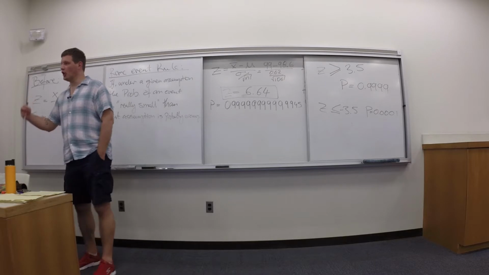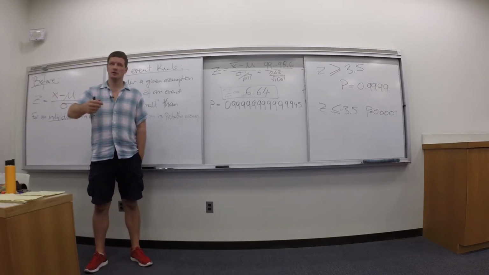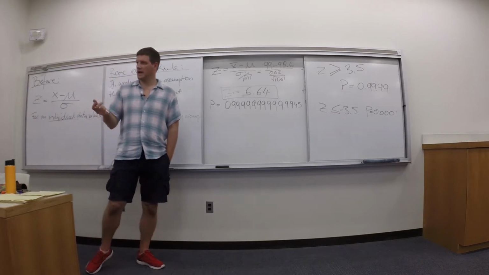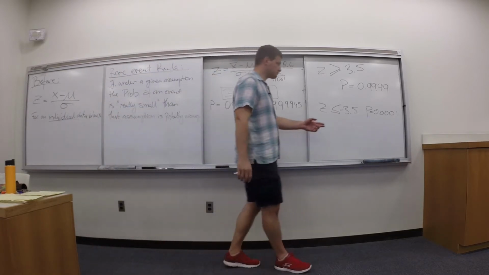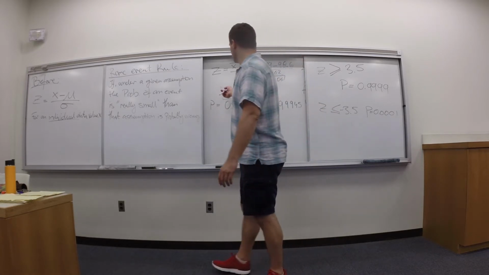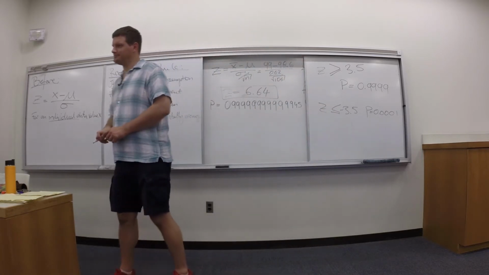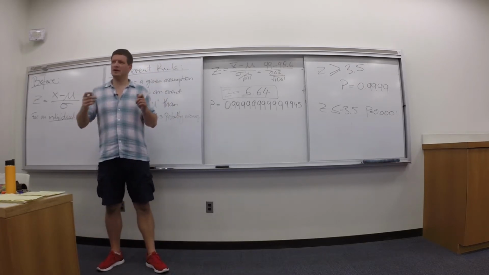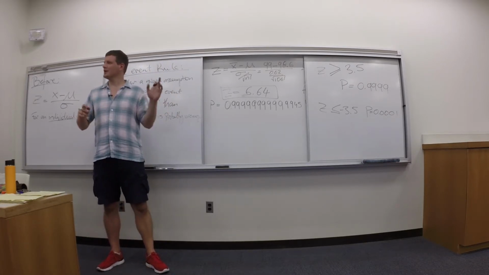This will tell me that you know it's not 100% or 0%, and it will tell me that this is beyond what's in your table. Although if you have a z-score of 6 or 6.6, if you want to put 5 more 9s behind it, I'm okay with that.